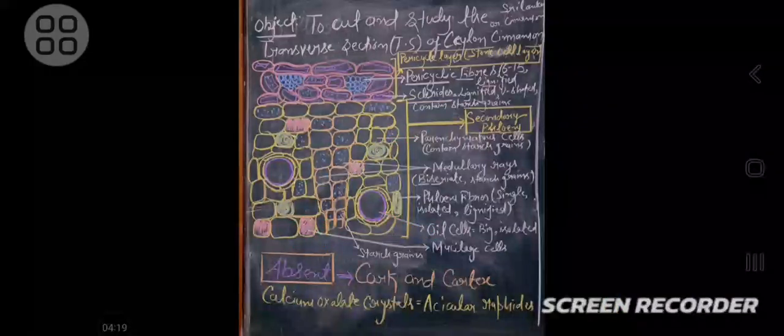And another characteristic feature present in the secondary phloem of the Ceylon cinnamon is the presence of mucilaginous cells. These are pink color mucilaginous cells, which can be identified with the help of a staining reagent known by the name ruthenium red.